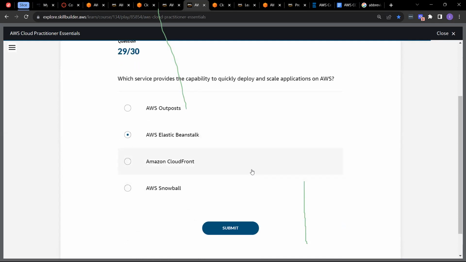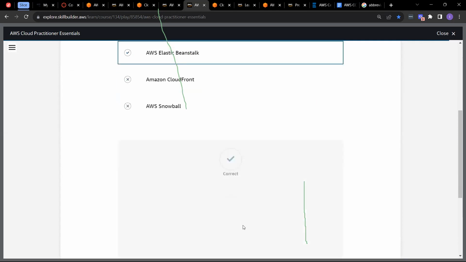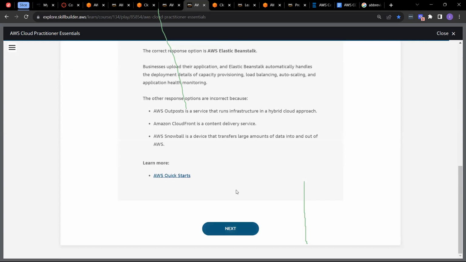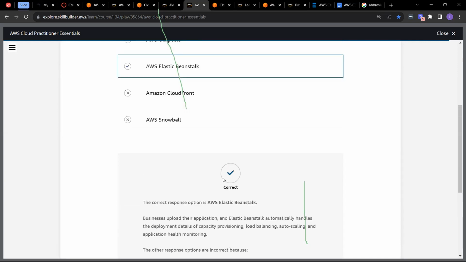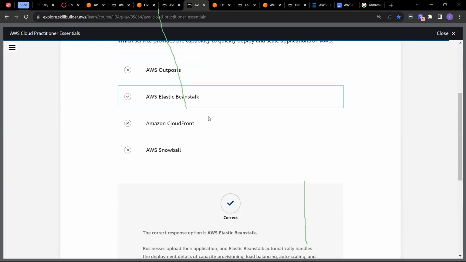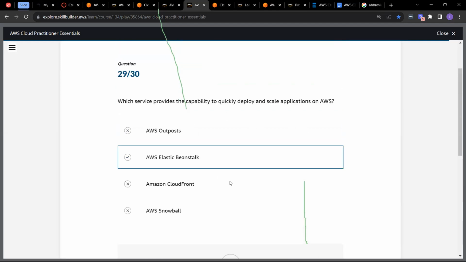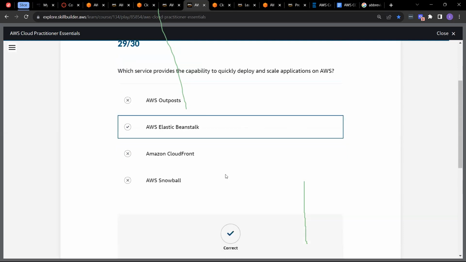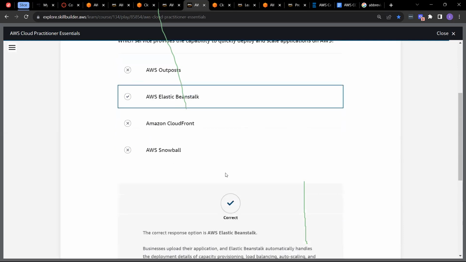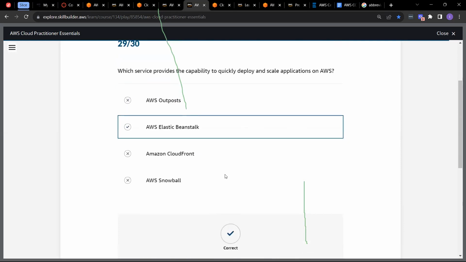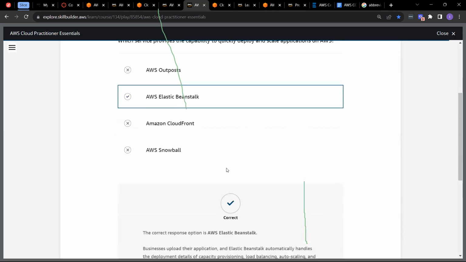If you see deploy AWS applications, if you see deployed, then you relate it to Beanstalk, and you are good to go. Is this one platform or infrastructure as a service? Beanstalk is platform as a service.